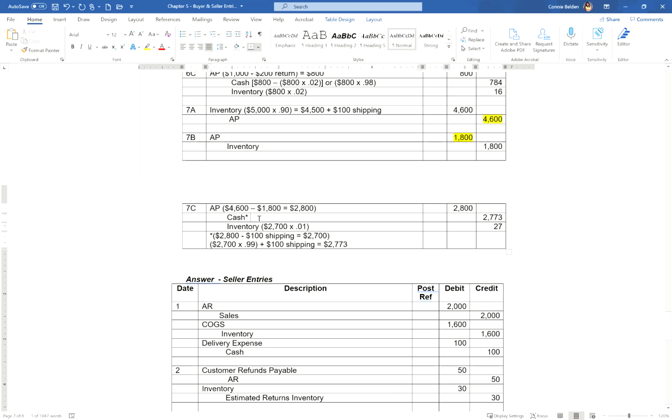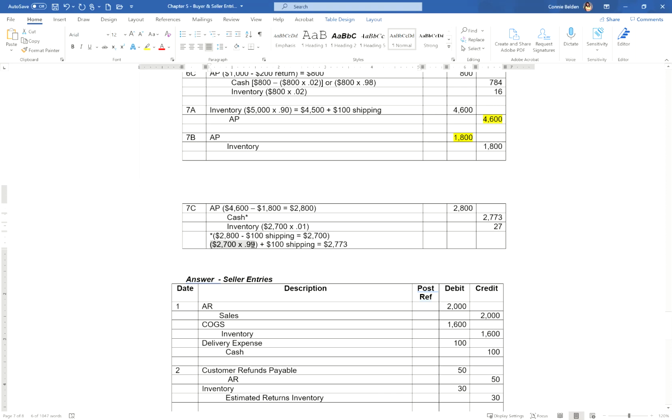Now for cash, again, let's do it in a two-step process. Accounts payable has 2,800, but remember 100 of it is shipping that is not eligible for the discount. So I'm going to take 2,800 minus 100. So 2,700 is eligible for that additional 1% purchase discount.